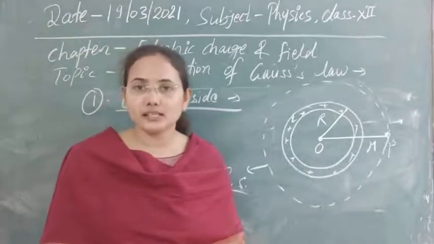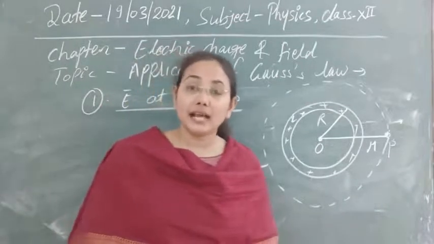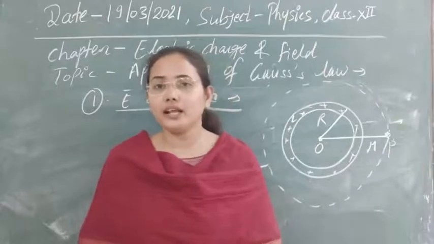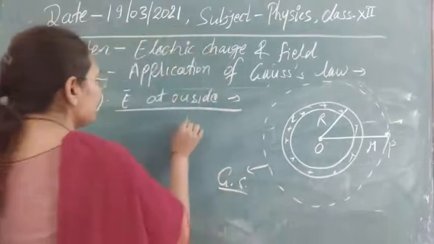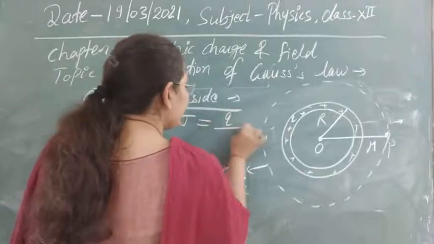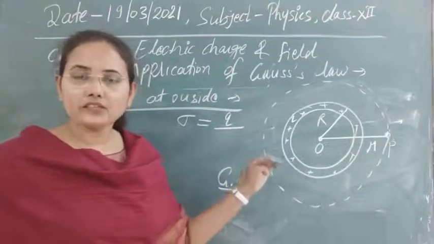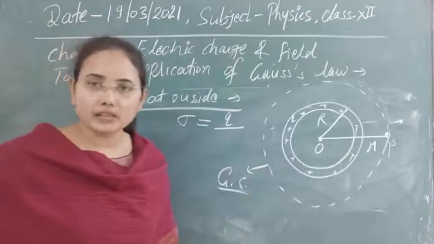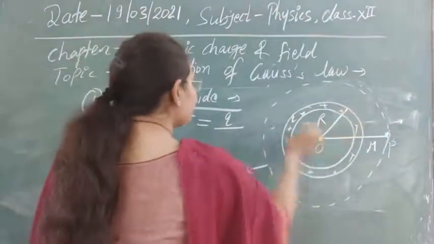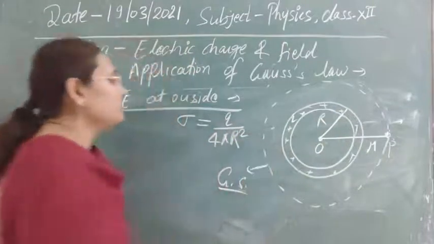The surface charge density distributed over unit area of the shell is given by sigma is equal to Q upon A, charge per unit area, and the area of a spherical shell is equal to 4 pi r square. As this spherical shell is very thin, you can take its radius equal to r.